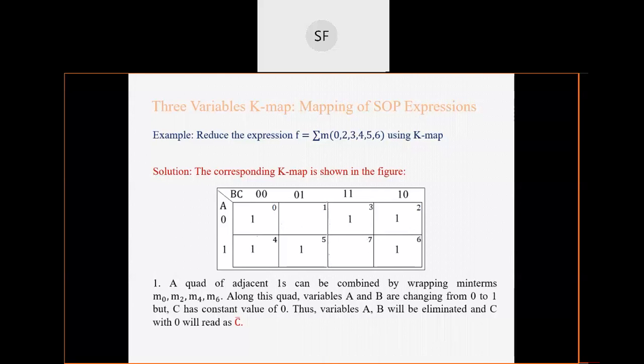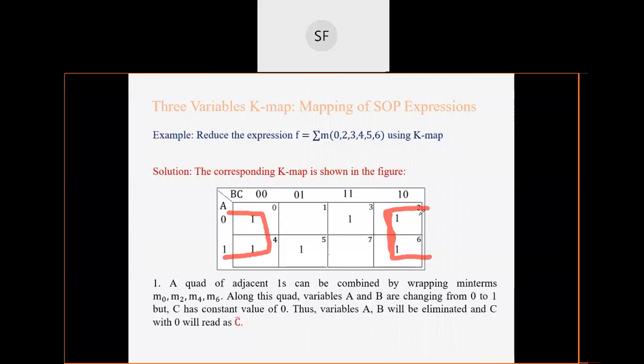Okay, now whether a quad is possible here, quad. So again, I have specially taken this example just to get this concept to you. If you observe these two from here to here, you can make a quad like this.